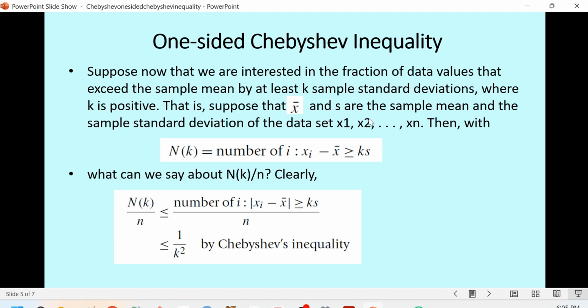One may think this is just 1 minus the percent we get from the Chebyshev inequality.